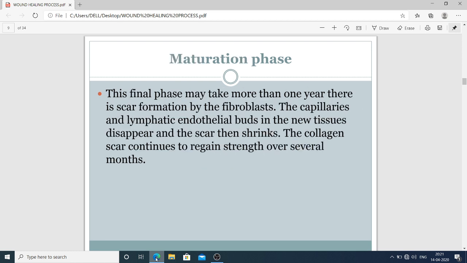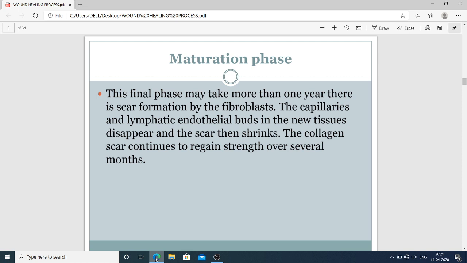Next is the maturation phase. In the maturation phase, the healing process is completed. This final phase may take more than 1 year. There is scar formation by the fibroblasts, the capillaries and lymphatic endothelial buds in the new tissues disappear, and the scar then shrinks.